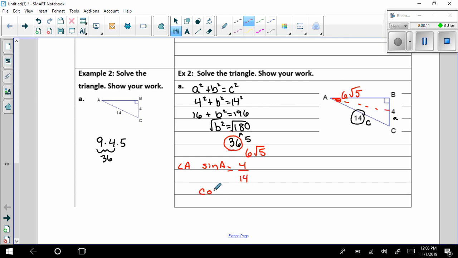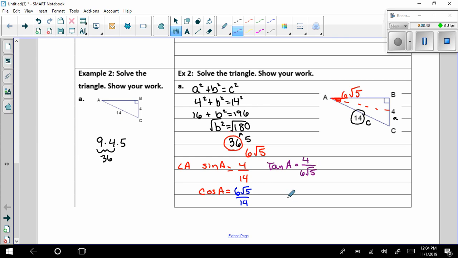The cosine of A is its adjacent, which would be 6 root 5, over the hypotenuse. And the tangent of A is equal to opposite over adjacent.